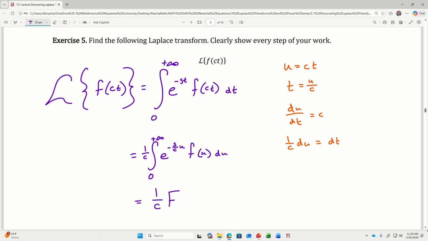So this is the Laplace transform of my f function, but instead of capital F of s, we have to write capital F of s divided by c. So this is the result we're trying to find this time.